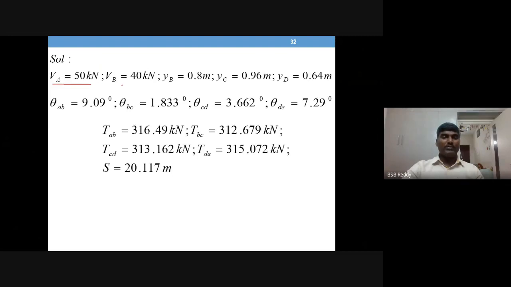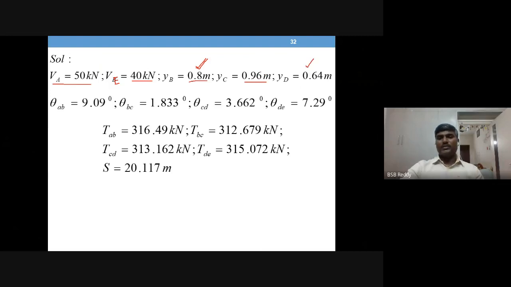VA value should be 50 kilonewtons, and VE should be 40 kilonewtons. It's not B, it is E, the vertical reaction at the other support E. YB is already given, it is 0.8 meters, so you don't need to solve this one. YC should be 0.96 meters.